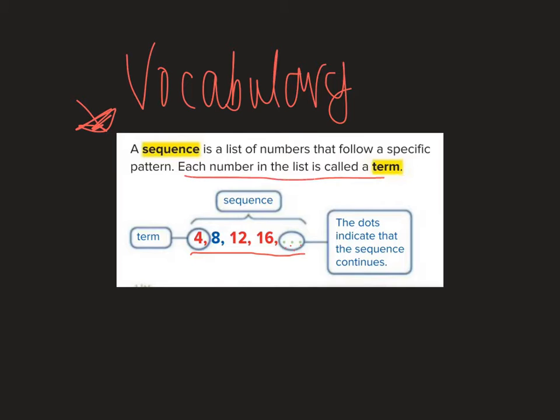Each number in the list is called a term. So each one of these is a term, and so on. Please write these in. This is a great example to draw in because we really do use the word term a lot as math continues, and sequence is a good one to add to your vocabulary as well.